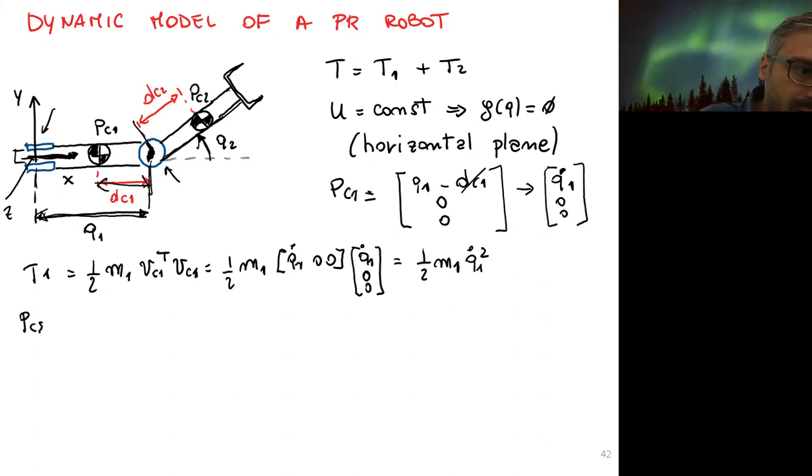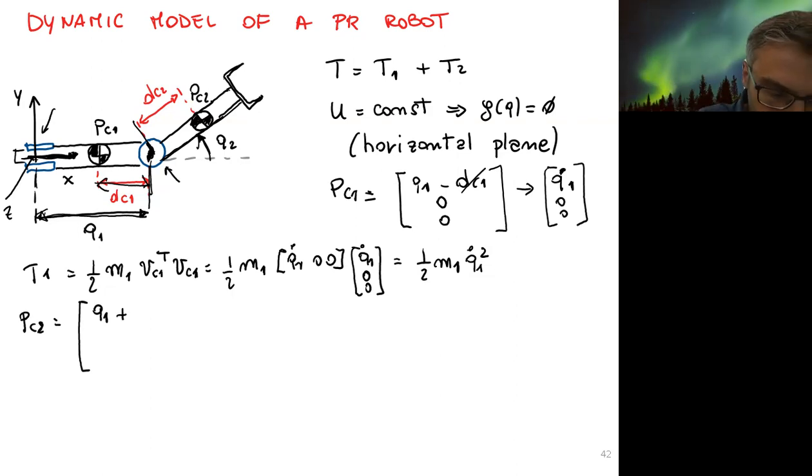Now we compute the PC2, the position of the center of mass of link 2. We have the contribution due to the motion of link 1, plus, Q1 is the motion of this point of link 1, so we refer to this.